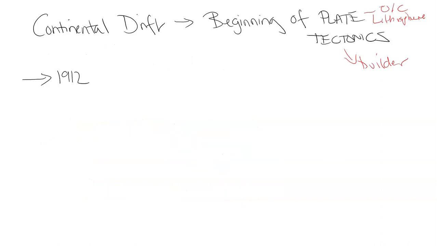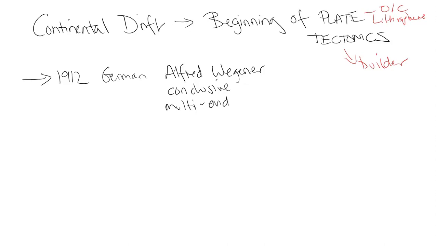So it came to the year 1912, and it took a German astronomer, meteorologist by the name of Alfred Wegener to come up with very conclusive multi-piece evidence suggesting that continental drift is a theory that looks at how the continents have drifted apart.